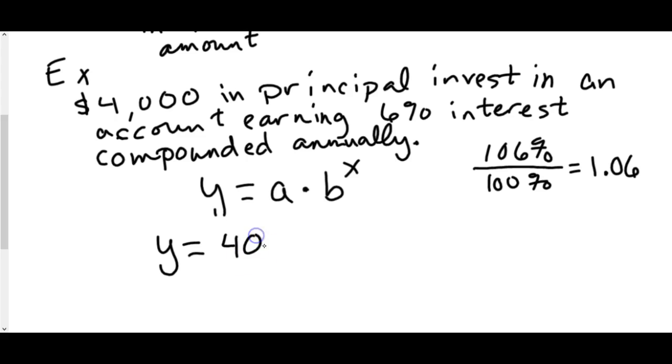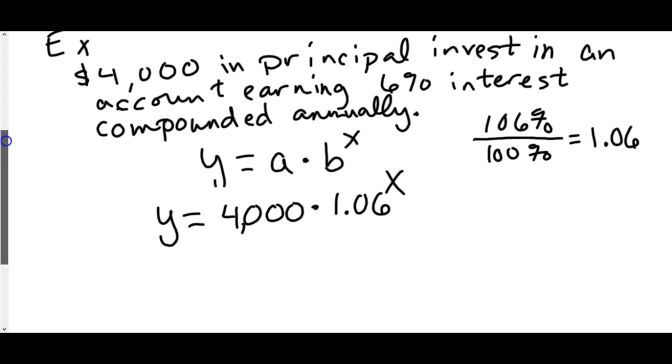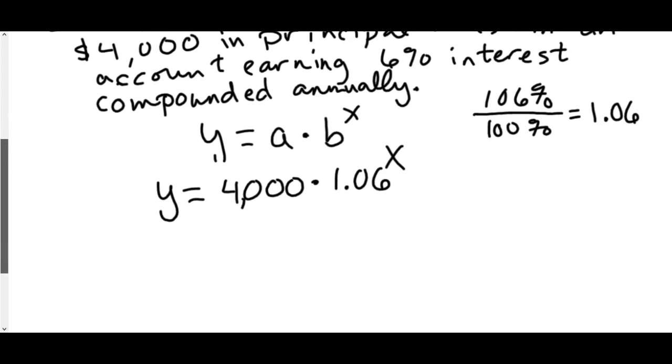So we had A equals 4,000. We're going to have B is 1.06 to the x. Now x would be our time if we want to find out how much money we're going to have a couple years down the road. So let's say we want to find this after 5 years. Since we're compounded annually, we're not going to have to do anything else with our percentage, our interest rate. We're not going to have to do anything with our time.